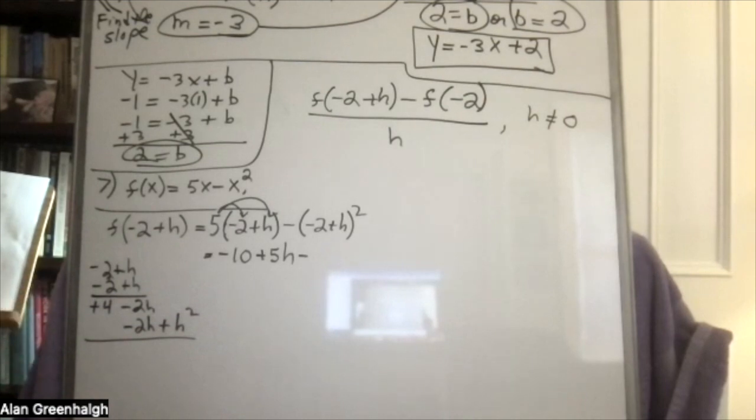Now, I'm sitting back to let people look at it, and hopefully nobody will have a question. So I multiply this way, this way, this way, and this way, and cross. And you wind up with 4 minus 4h plus h squared.